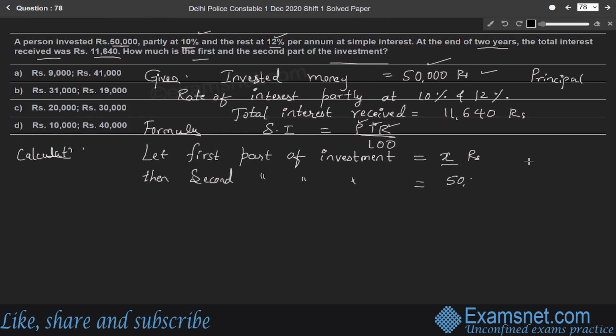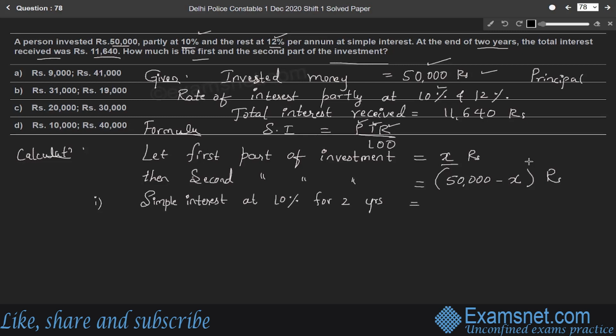Here the first step, simple interest at the rate of 10% for 2 years, is equal to, from formula, PTR by 100.